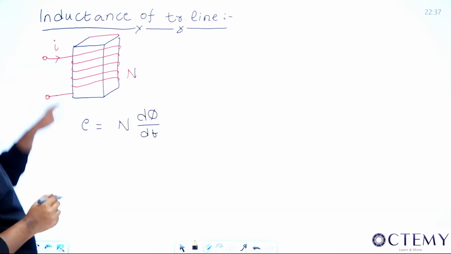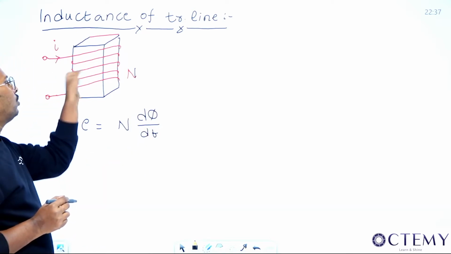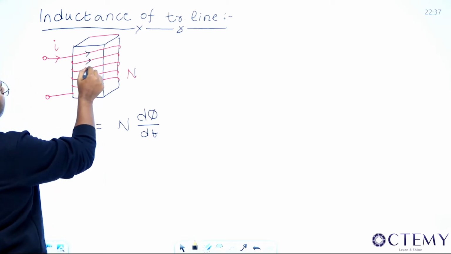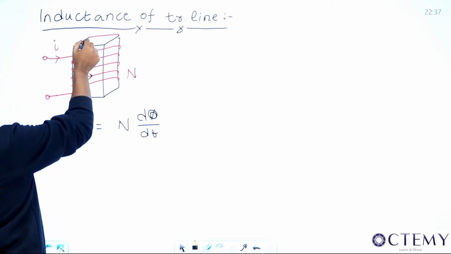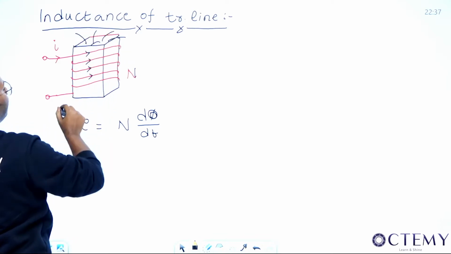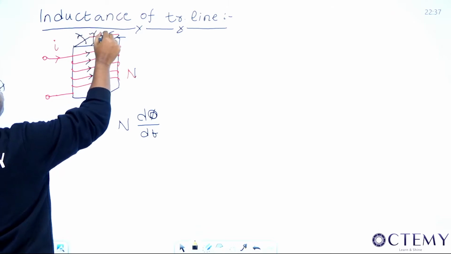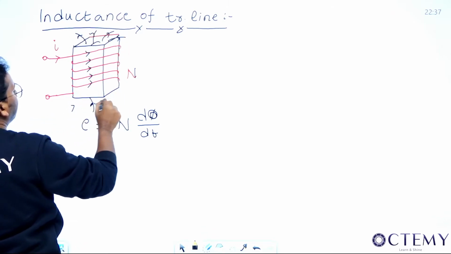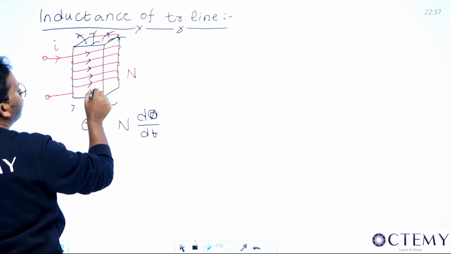That means whenever an alternating current is passed to the winding, because of this current, there will be flux coming out like this. This will be coming out, so this will be the north pole, and it will be entering here, so this will become the south pole.